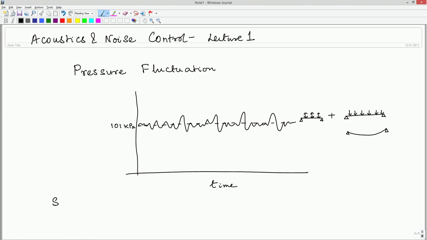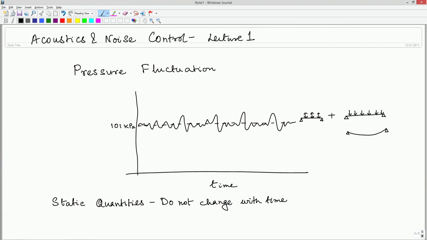A static force is that which does not change with time. So, we will note this down. Static quantities are those which do not change with time. You could have a static weight, you could have other forms of static dead load and so on.